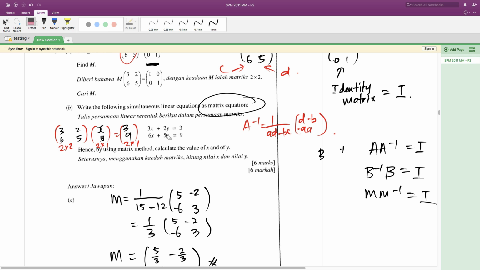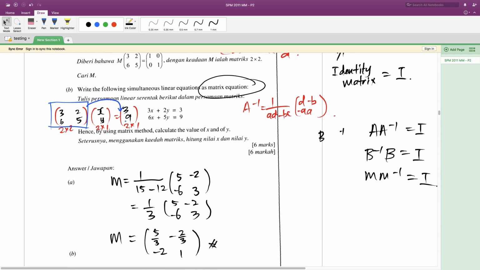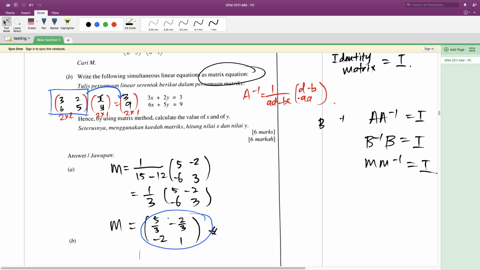Okay, it's very simple. And then what I will do next is, I will move this matrix to the other side. The matrix must be in front of this matrix, and it will become inverse. And we already have the inverse. The inverse is actually this one. In this case you can use this one, or normally I prefer to use this one, because this one has a fraction.